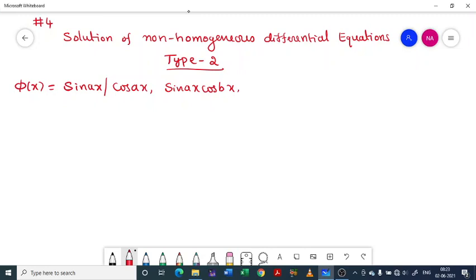And more generally, functions of this form, sin ax and the sin of ax plus b or cos of ax plus b, whatever the value of this b, we don't worry about it and we concentrate on this a.